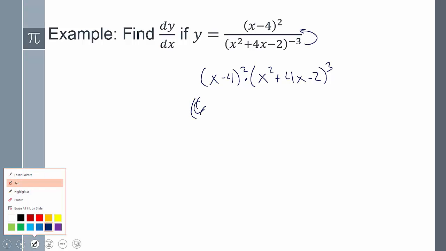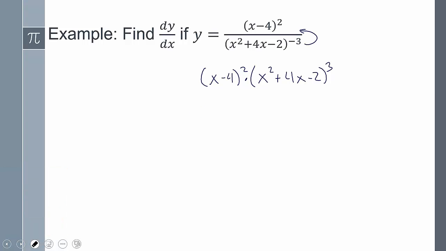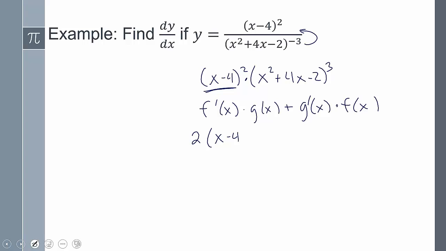Actually, I'll just write it out. So the derivative of the first times the second plus the second times the derivative of the first. So the derivative of the first, this is a chain rule again. So that'll be 2x minus 4 times 1.